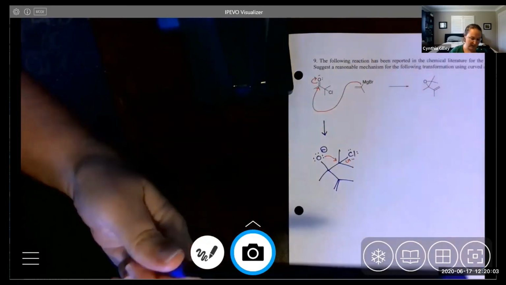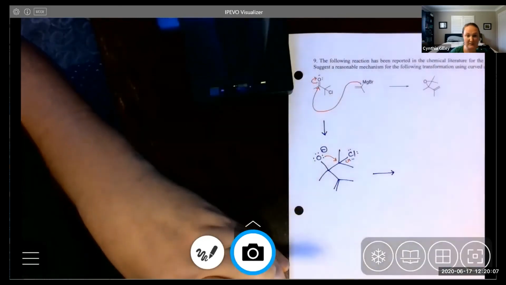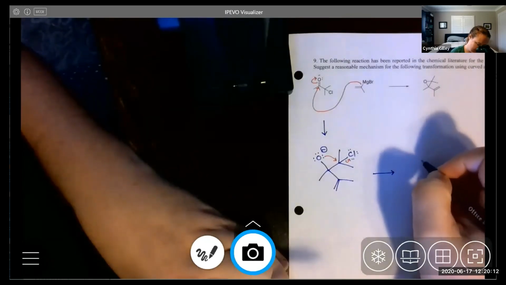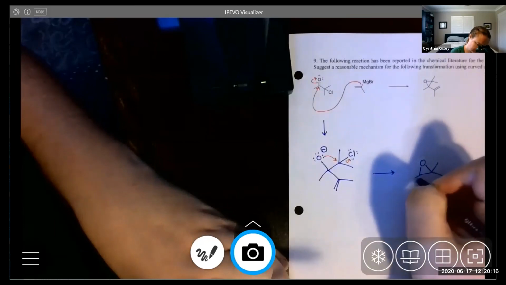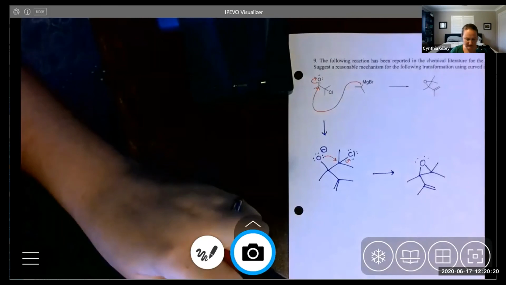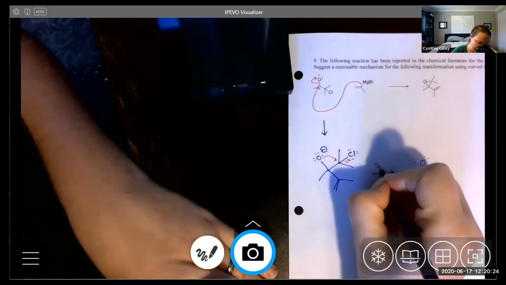Okay, so this is kind of a weird SN2 reaction, but we're just proposing a possibility that happens. And that would produce the epoxide. So it's essentially an intramolecular SN2.